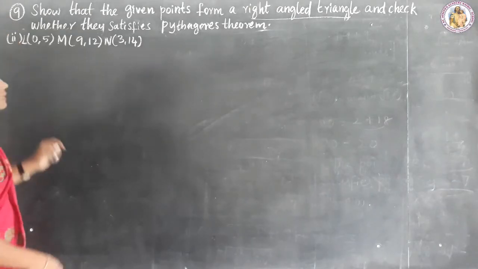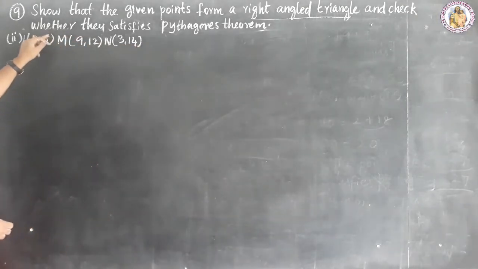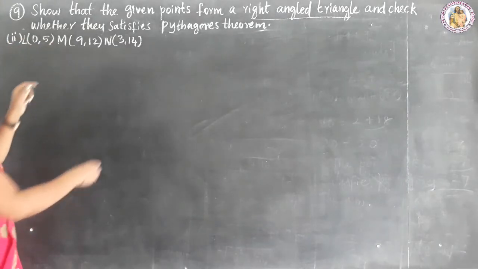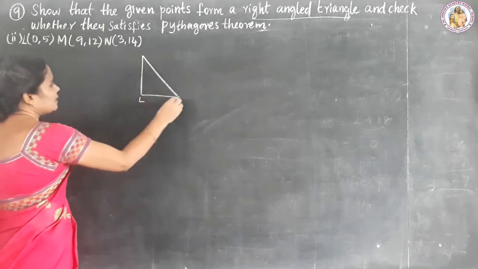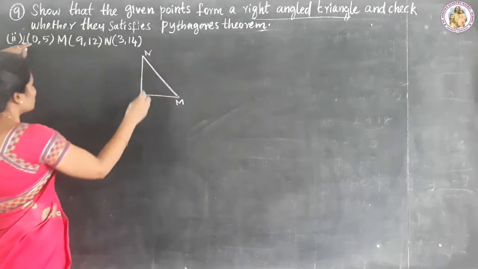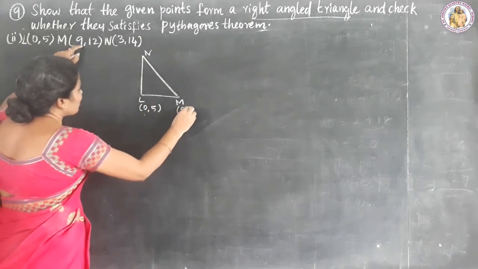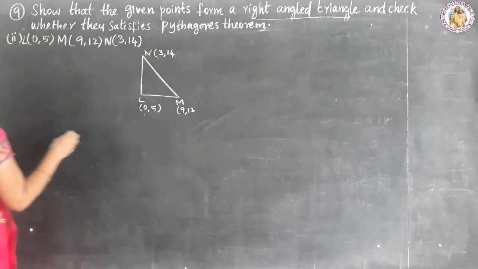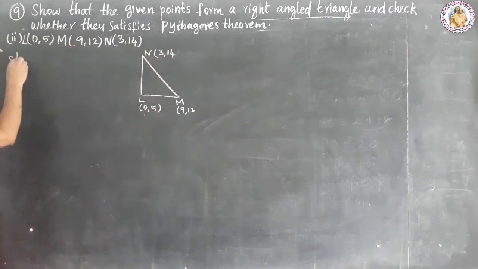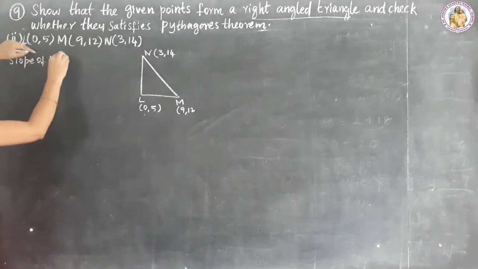Question number 9. Show that the given points form a right angle triangle and check whether they satisfy Pythagoras theorem. The points are L, M, and N. L is 0, 5, M is 9, 12, and N is 3, 14. Start with the slope of LM.